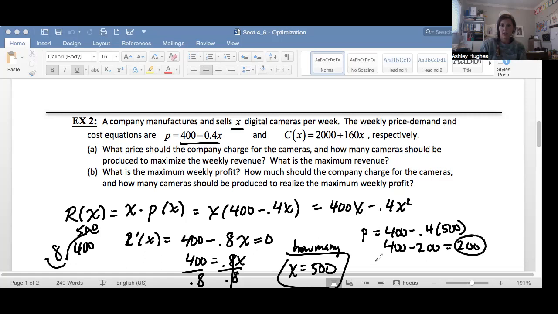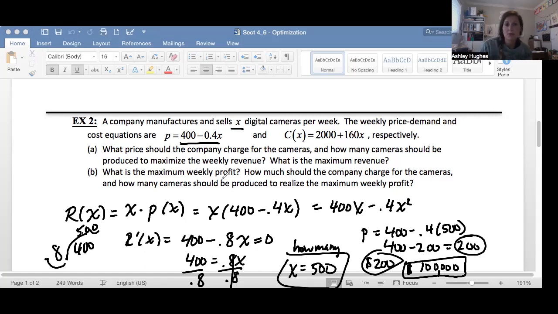And what is the maximum revenue? So the maximum revenue would be multiplying those together. So multiply, so that would give you $100,000 is the maximum revenue.